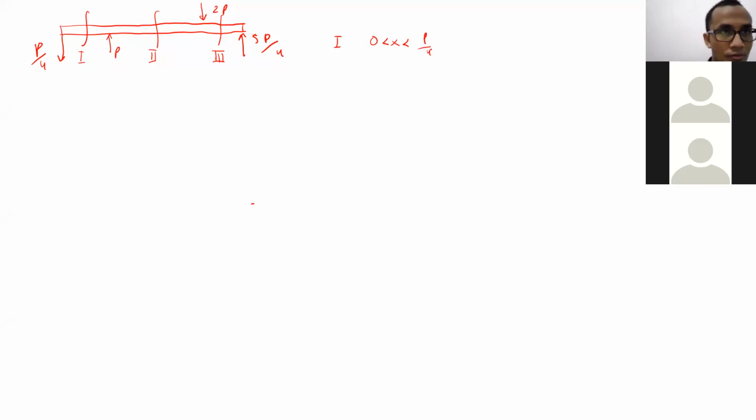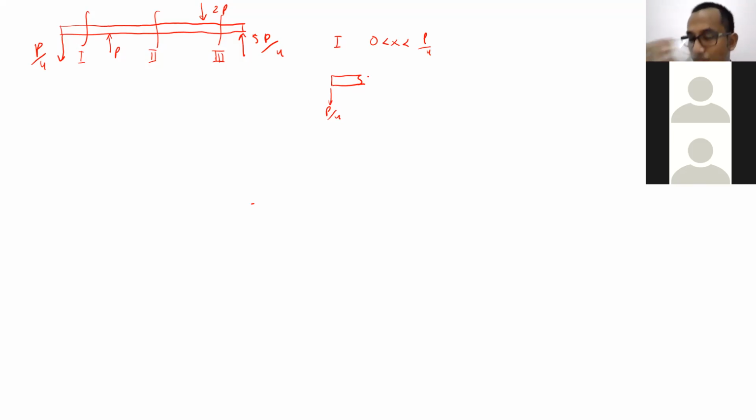Now let's draw the free body diagram of the first section. What do we have there in the first section? We have P over 4. Yeah, P over 4. What else? M. Is the normal force necessary or not? No, I don't think so.